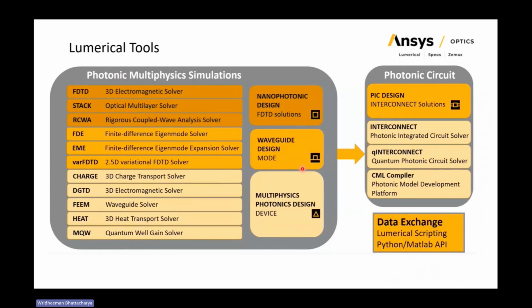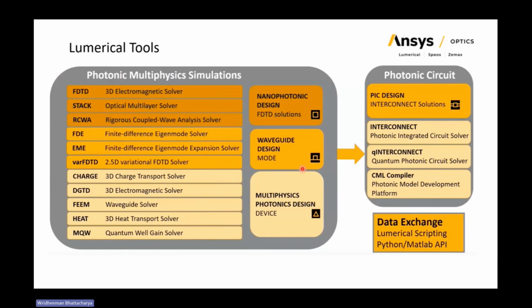After the varFDTD, it offers multi-physics photonics design devices: CHARGE, DGTD, FEEM, HEAT, and MQW. So what are these? CHARGE offers the 3D charge transport solver, and HEAT gives the 3D heat transport solver.